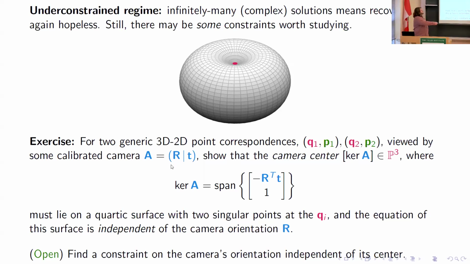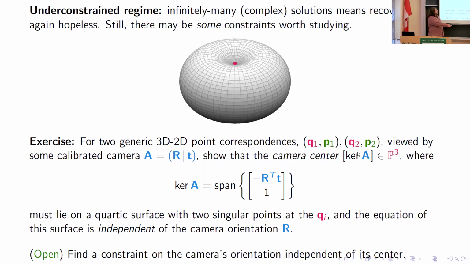Let's say you have two 3D-2D point correspondences, so Q1, P1, Q2, P2, and they're viewed by some calibrated camera, A. Now, the camera center, by the way, is the point where this linear projection is undefined.